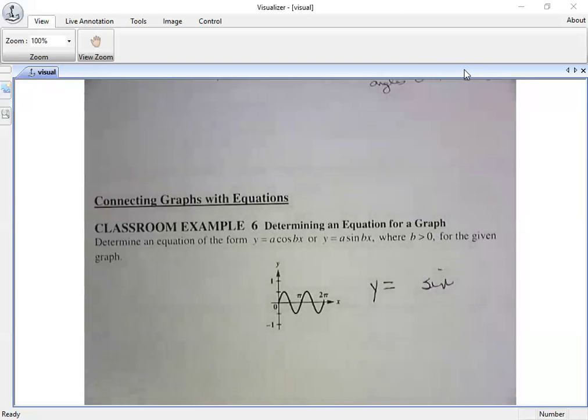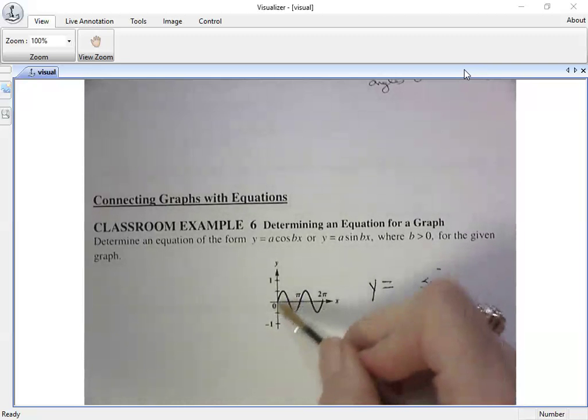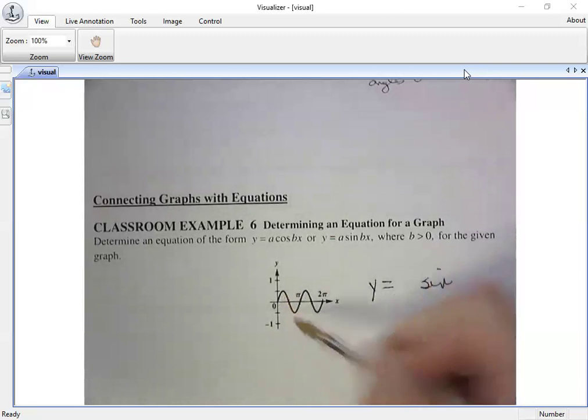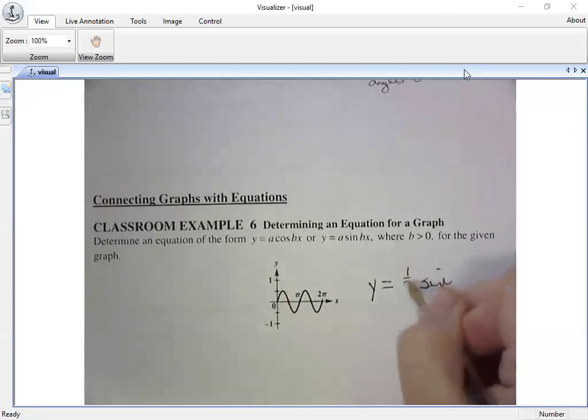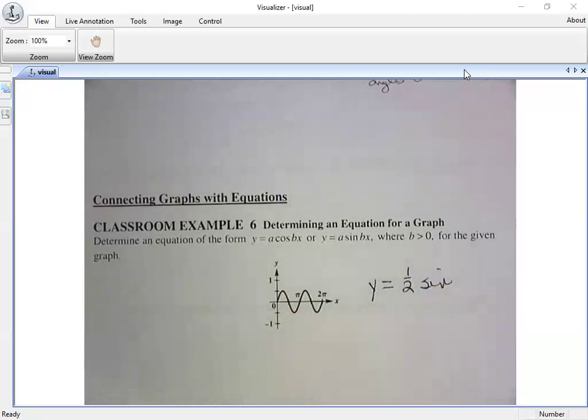Now, do you think we have any change in amplitude? What is it? 1/2. And I know that because it hits a high point of 1/2 and a low point of -1/2. The problem is I've got to figure out if I've got any kind of change in the period. And once I know that, I'm done.